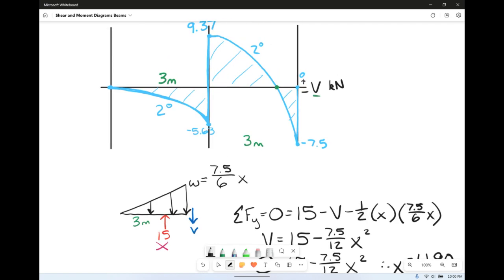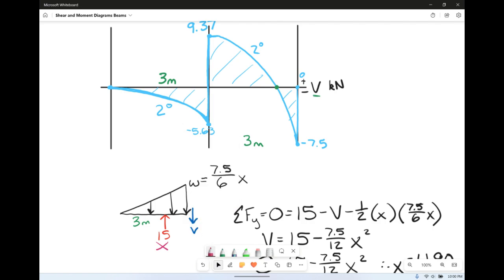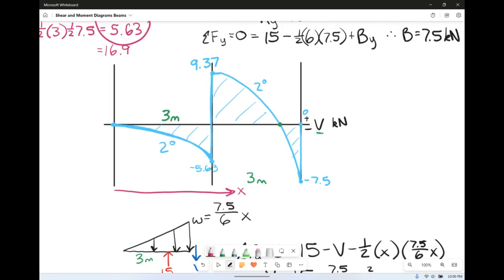Again, x is being measured from this side over. So if I want to find this spot right here, this would be the total distance of 6 minus 4.9, which is 1.1 meters.